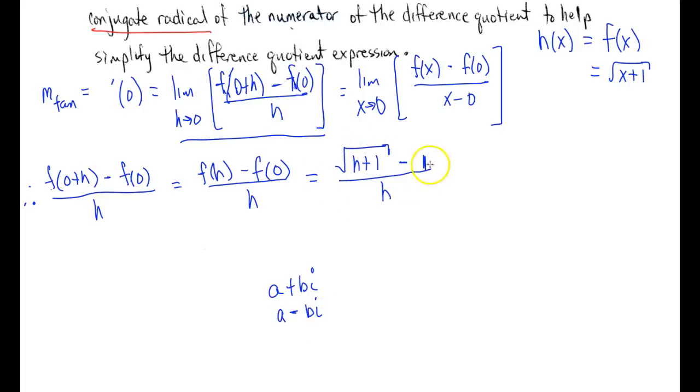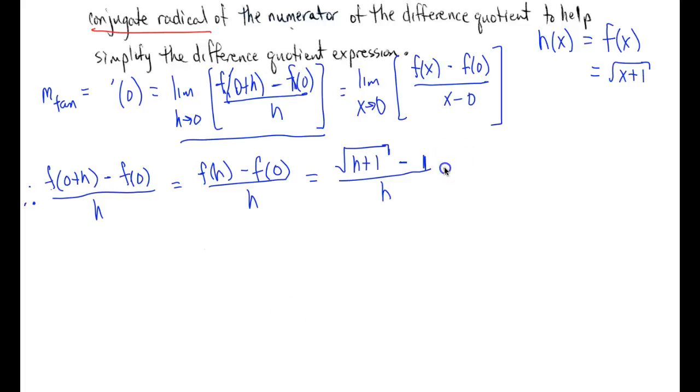And so in the numerator here, instead of writing square root of h plus 1 minus 1, we're going to use the conjugate radical for that, which is square root of h plus 1 plus 1, and multiply that times the numerator and denominator. So essentially we're going to take this and make this look like 1, but make 1 look like the conjugate radical of the numerator divided by the conjugate radical of the numerator. So let's go ahead and apply that now.